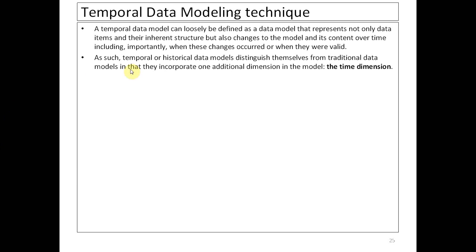Importantly, it records when these changes occurred or when they were valid. So a particular piece of information is valid only for the first quarter of a year, and from the second quarter some other information is valid. Let's say the price of a product is 10 rupees in the first quarter, and in the second quarter it is 20 rupees.